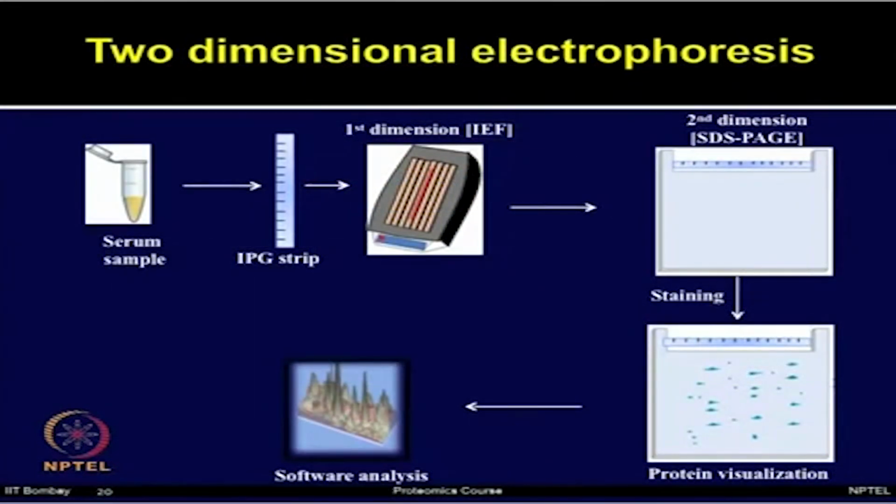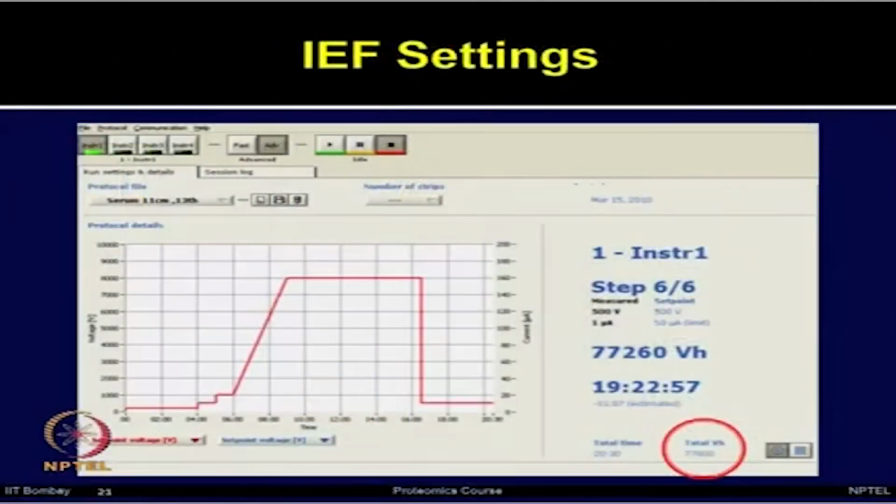Now, the sample was collected and processed with all these 4 variables which I talked about, and after that the standard procedure of 2-dimensional electrophoresis was followed. When you are doing this serum protein separation, the IEF becomes very critical, because you have a lot of salt in it, and if your salt removal is not effective, your isoelectric focusing run may not be very smooth.